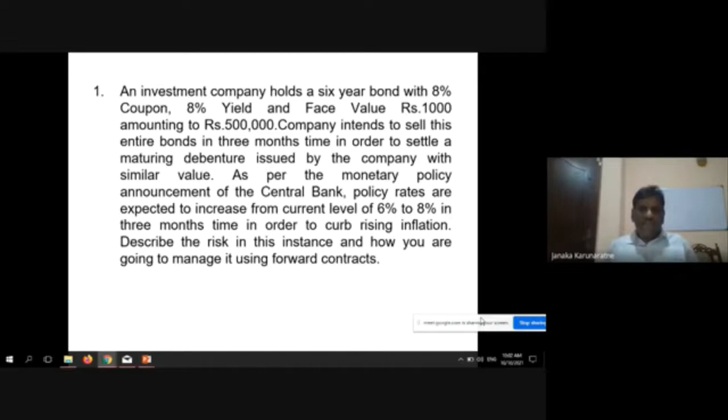Now, describe the risk in this instance and how you are going to manage it using forward contracts. So you are the risk manager. Now, what is the risk? And as a risk manager, how are you going to manage it using forward contracts?